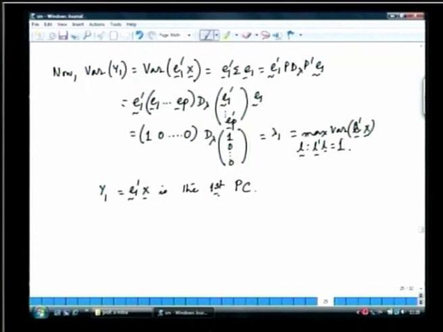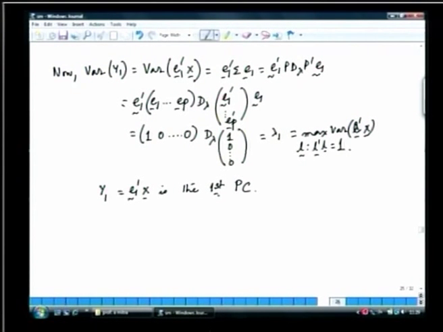Its variance is lambda 1 and it is greater than all other eigenvalues, and it is actually equal to the maximum of variance of L prime x, the maximum over this choice of L with only this condition in place, L prime L equal to 1. Well, I have achieved the single criterion that was required for my first principal component, and I have y1 equal to E1 prime x as the first principal component.